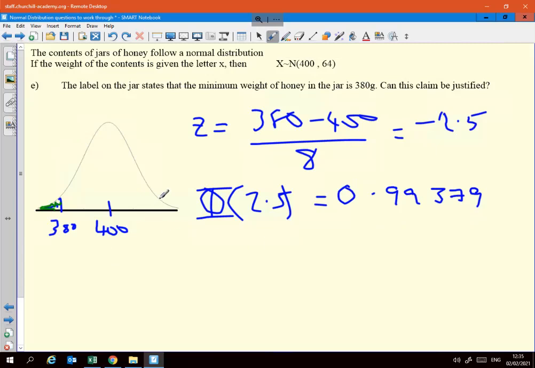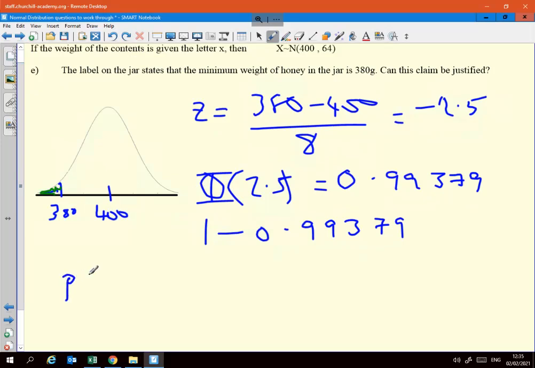So that's me imagining looking up the value of 2.5, and that's the bit to the left of there. That's not the bit I want. I want the bit that's to the right of that value, which would be symmetrical with this one. So 1 minus 0.99379.